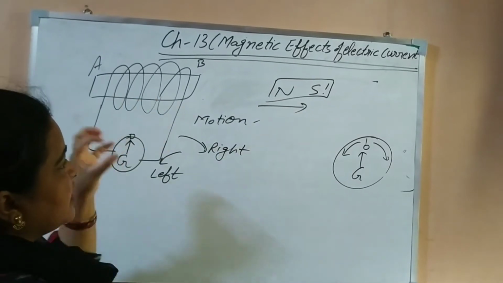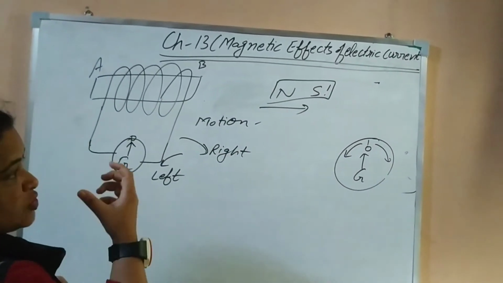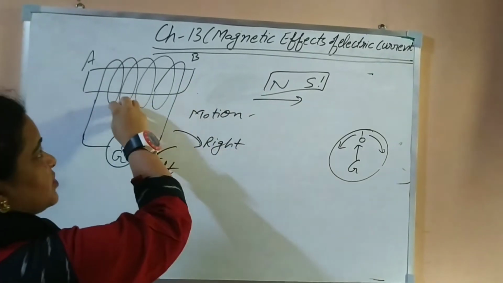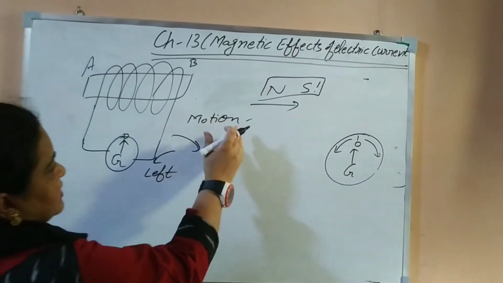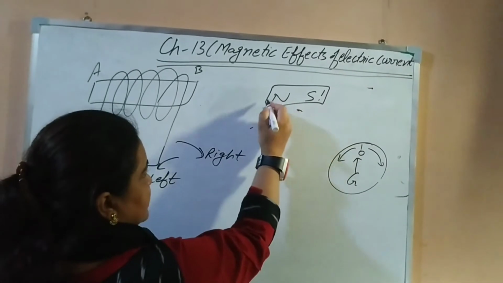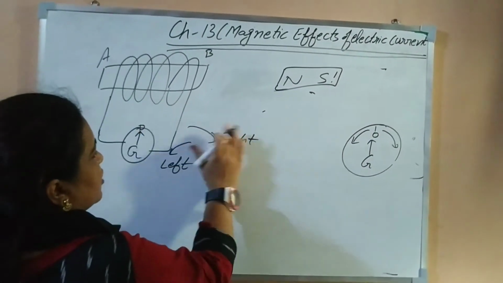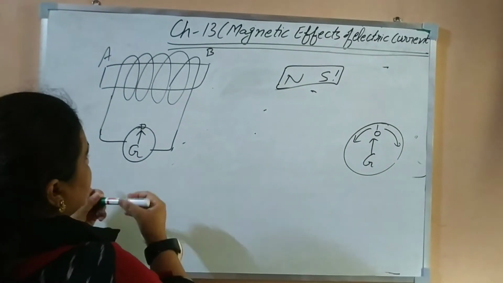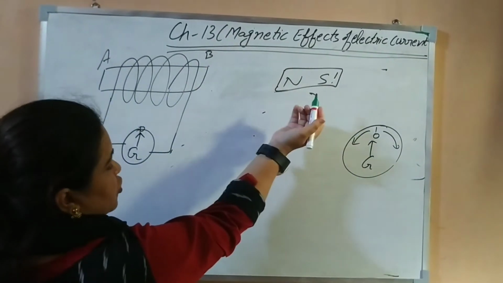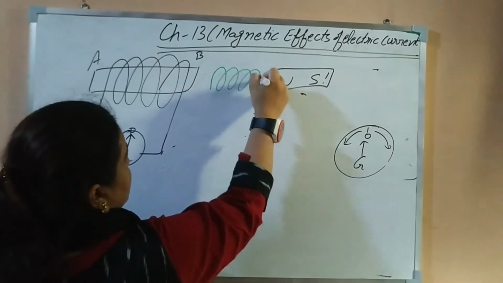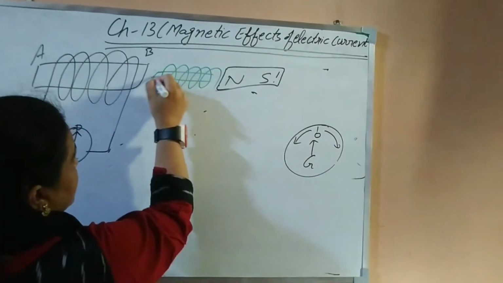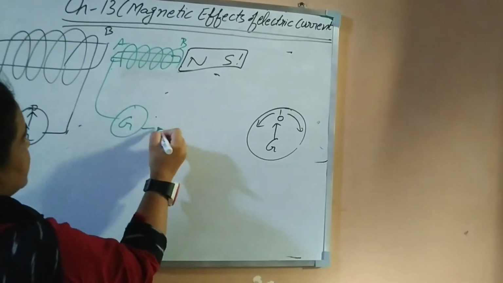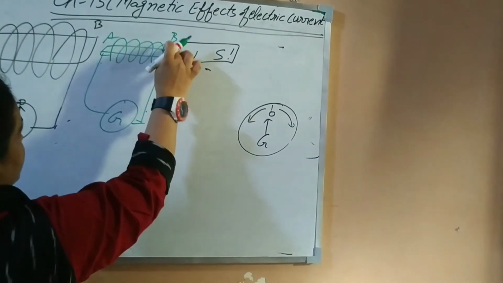Before that, he thought in his mind: keep the magnet stationary and let us bring the coil. At that time the magnet is at rest, stationary. He brought the coil, the coil wrapped on this AB, connected to the galvanometer, near to the magnet.